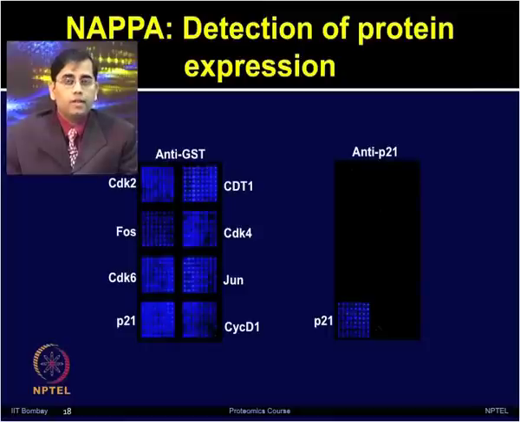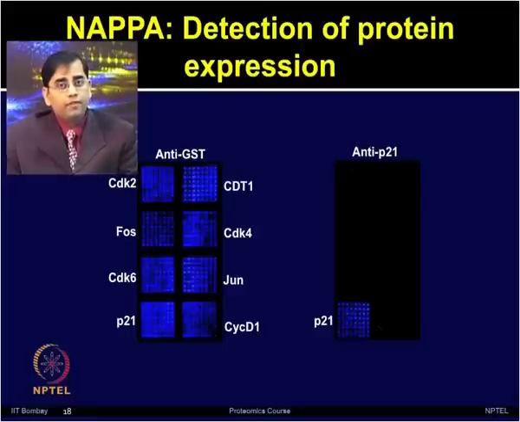Each spot is printed 64 times in the 8 by 8 block. By using anti-GST antibody, one can detect that proteins are synthesized and expressed.